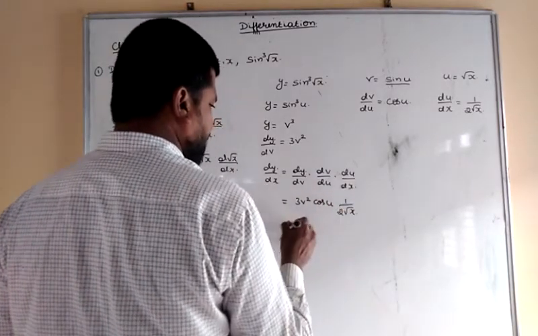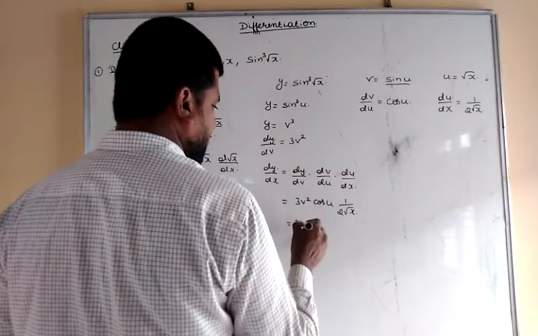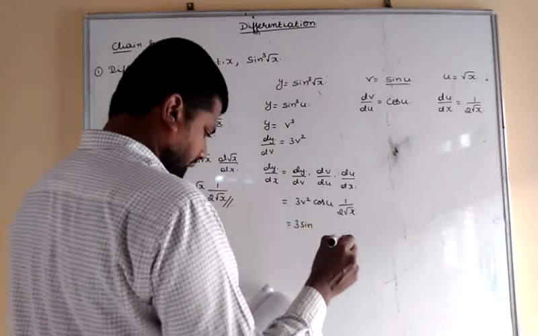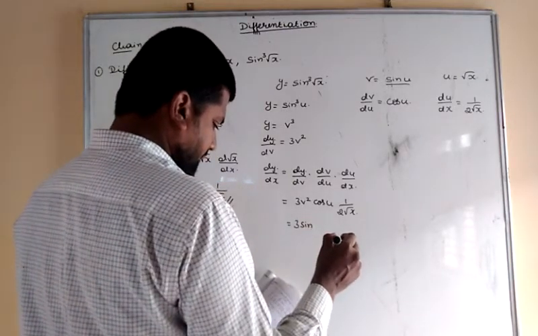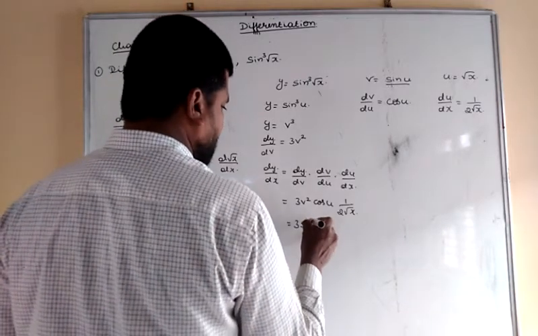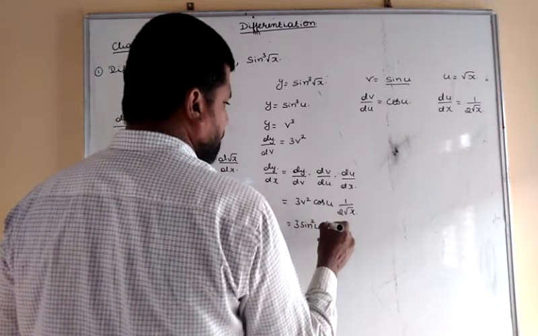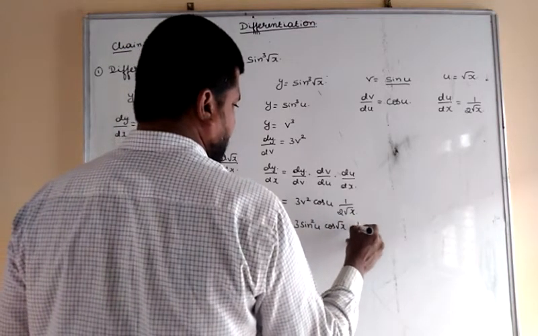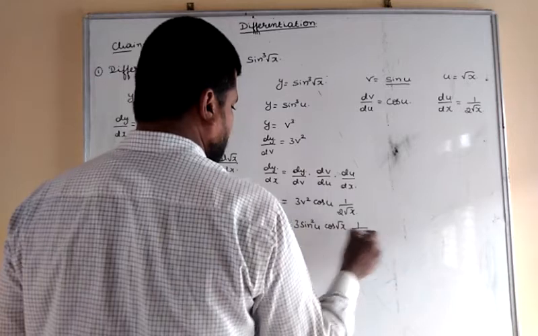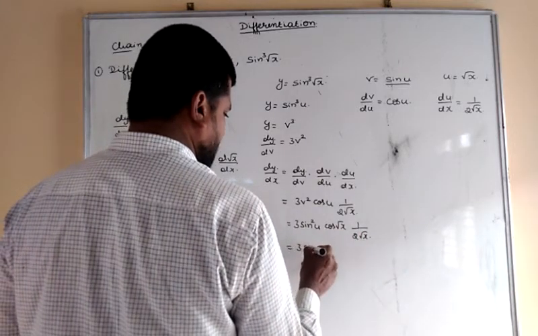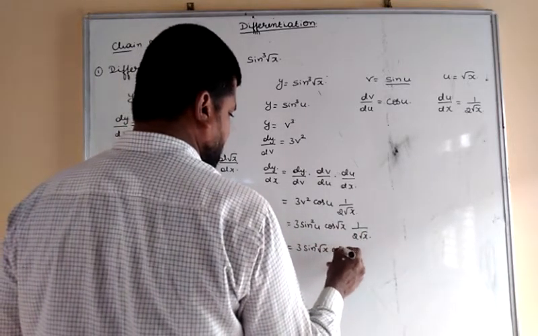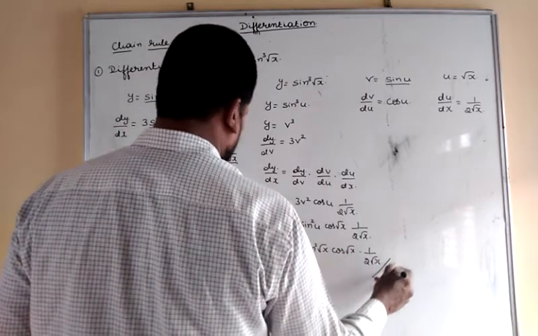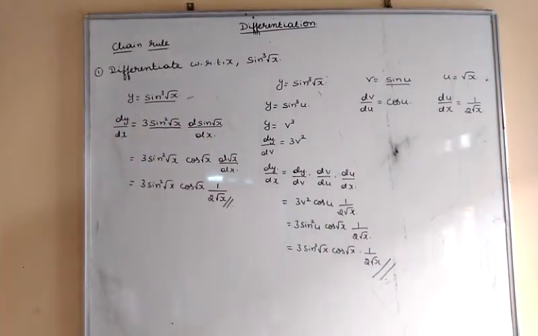In the place of v, 3v square means 3 sine square u, and cos u means cos root x, into 1 by 2 root x. So again here 3 sine square root x into cos root x into 1 by 2 root x. So this is the answer by the substitution method.